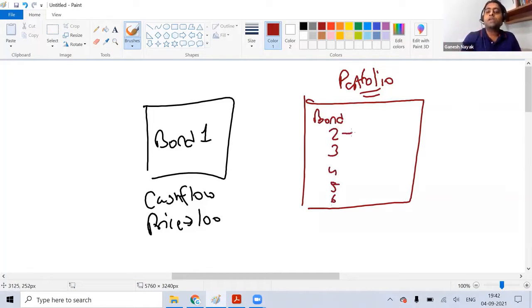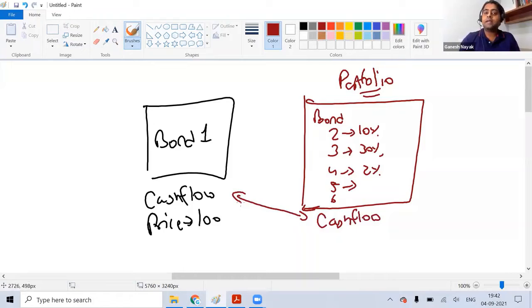You have taken 10% of this bond, 30% of this bond, 2% of this bond, whatever that may be, and you have tried to create a portfolio which exactly matches the cash flow of bond 1, and we are also assuming that the risk is also matching with bond 1.